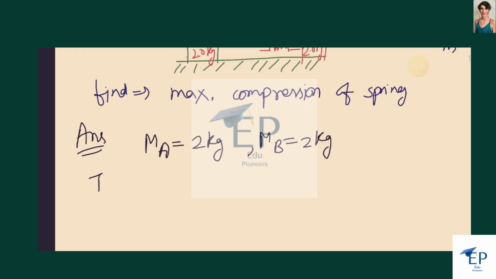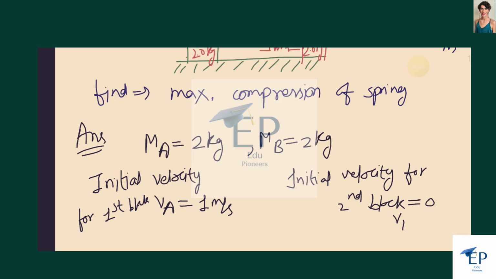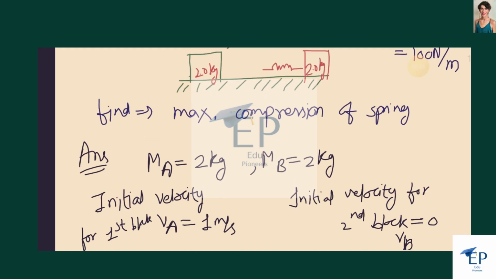The initial velocity of the first block is Va = 1 meter per second, and the initial velocity of the second block is Vb = 0, because the second block is at rest.